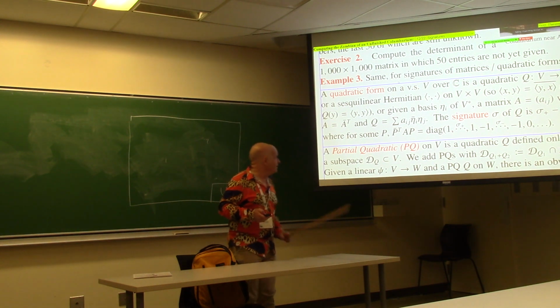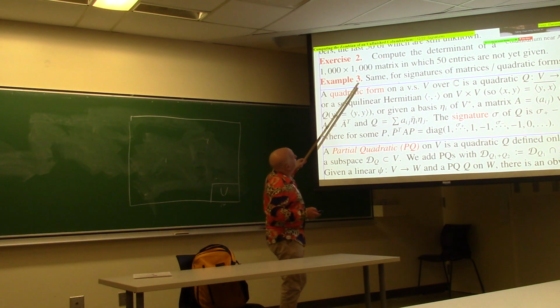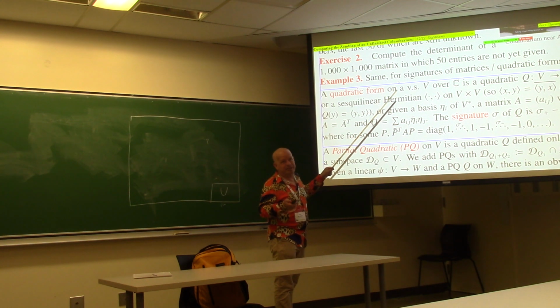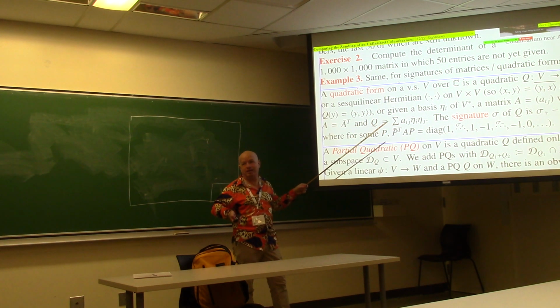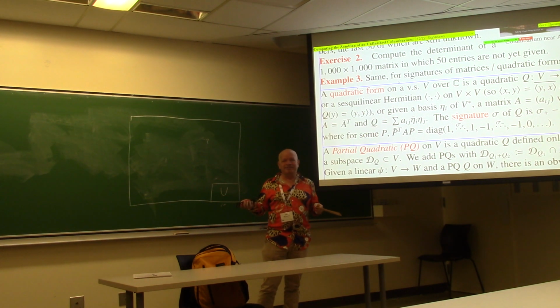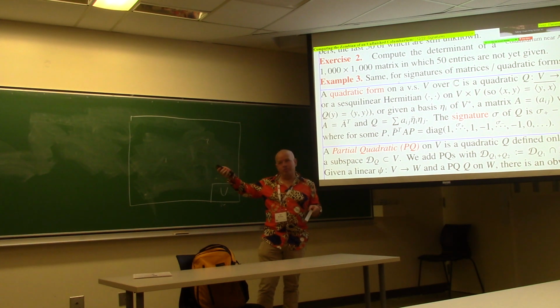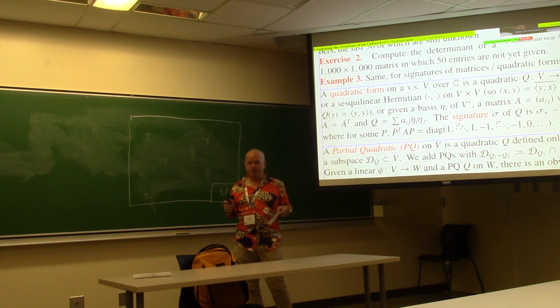So the next example is to do exactly the same, but instead of the determinant, compute the signature. So now the Zombian is the signature of a matrix, and the matrix is really representing a quadratic form, so it's a symmetric matrix over the reals or a Hermitian matrix over the complex numbers.